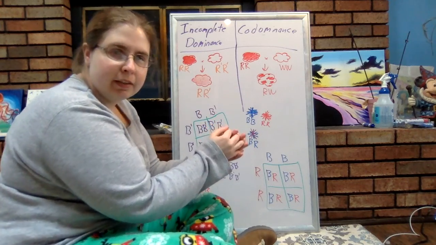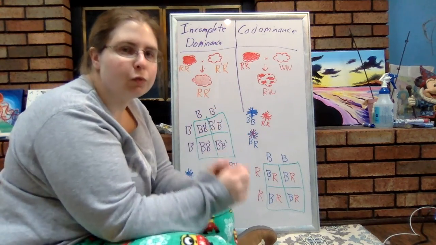So blue parent plus red parent equals blue and red babies.